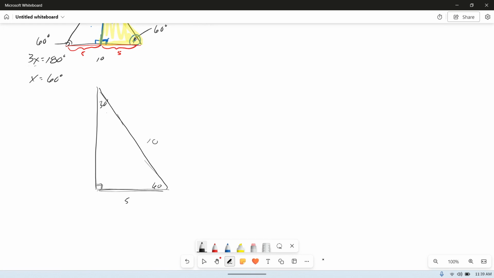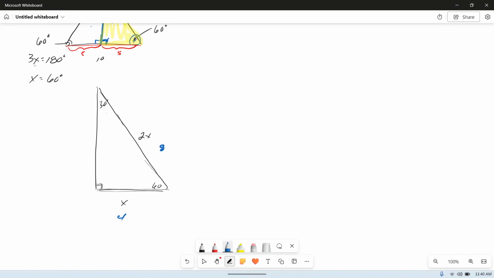So instead of calling this side 5 and this side 10, if the short leg is x, the hypotenuse would be 2x. Hypothetically, if I know that this side is 6, I would know that 2x is 12. If I'm given that the hypotenuse is 8, I know the short leg is 4.